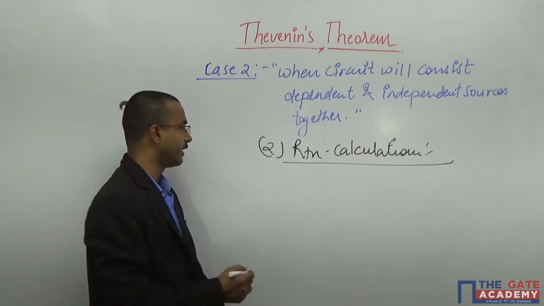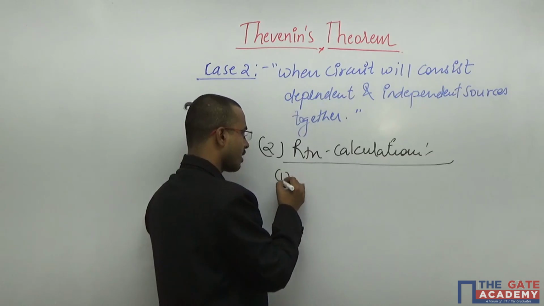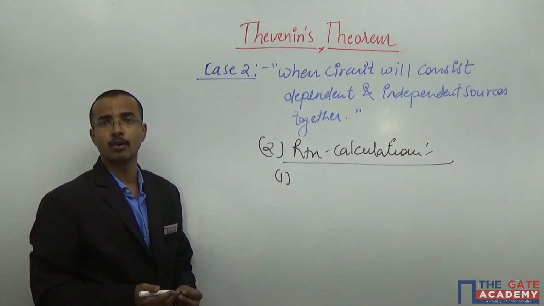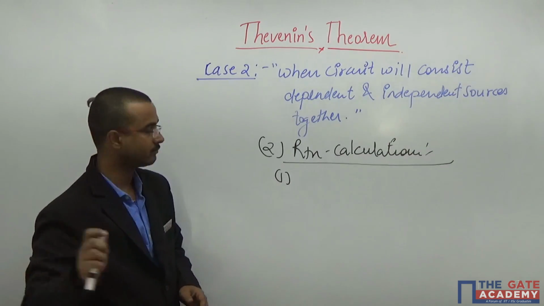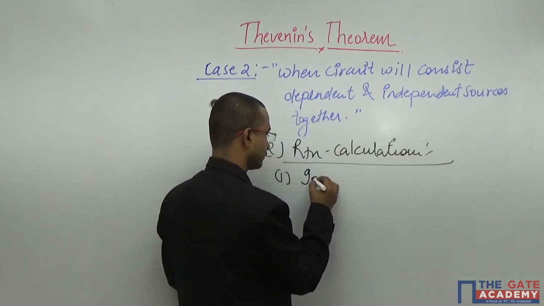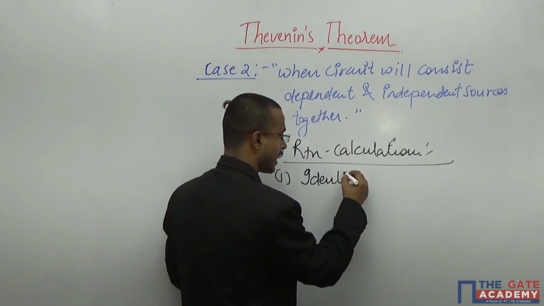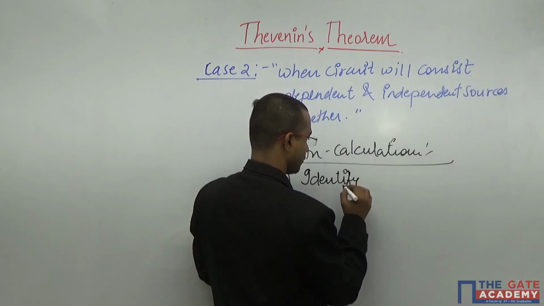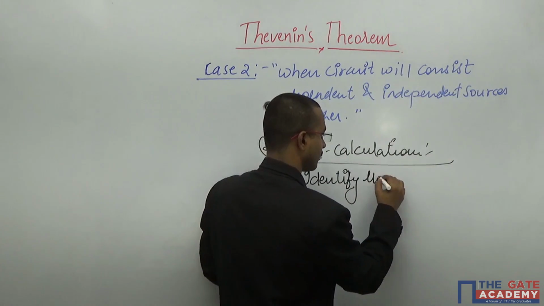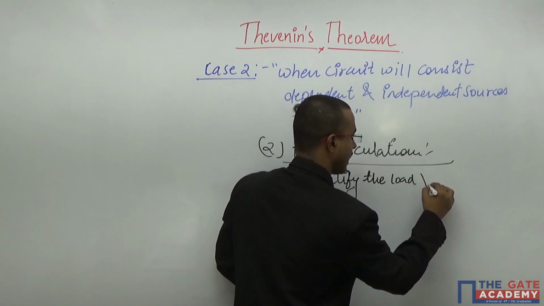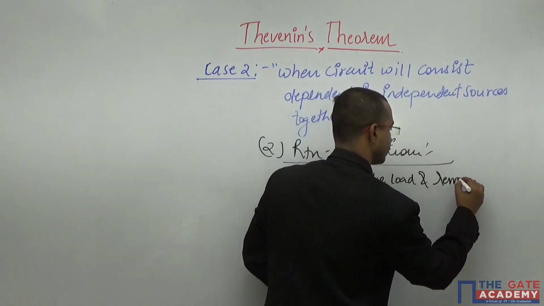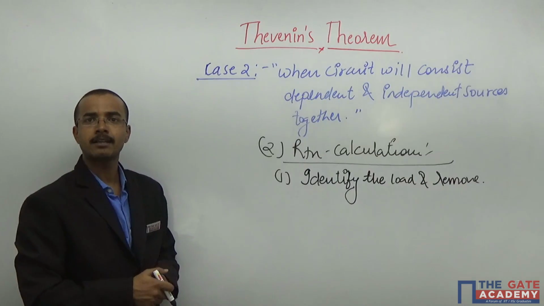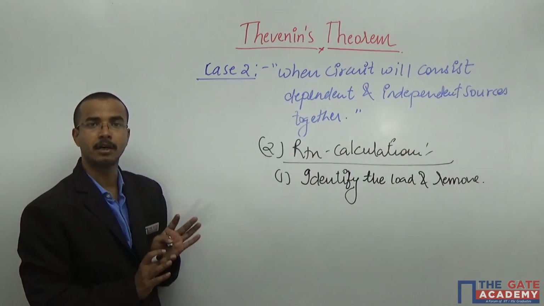Then how to proceed here? Step number 1, which is the same: identify the load and remove the load from the circuit. After removing the load, you will get the open circuited terminal.